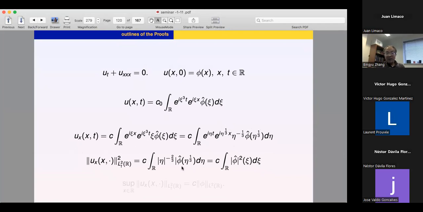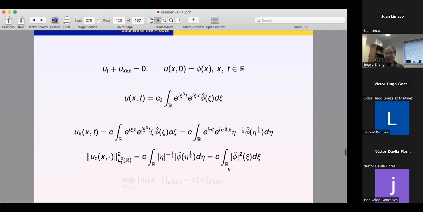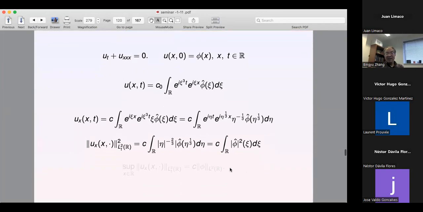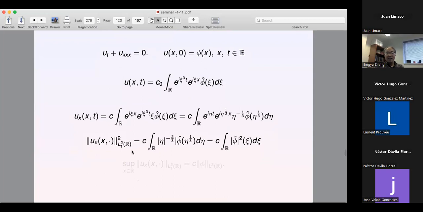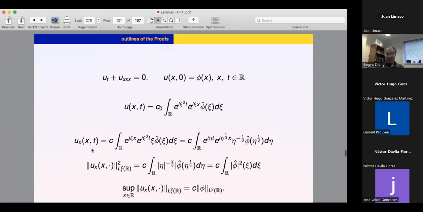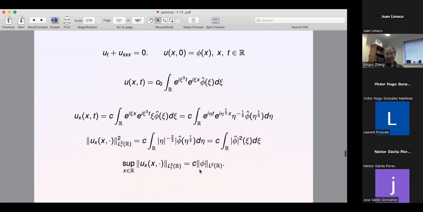I'm sorry, here is supposed to have an absolute value. Here you are supposed to have a square. Okay, and then you change it back, and you find out the L2 norm of u sub x in time simply equals the L2 norm of the initial data. This is true for any x, so it takes the supremum here. Look at this. As you can see, this is a sharp result because we use Plancherel's theorem.